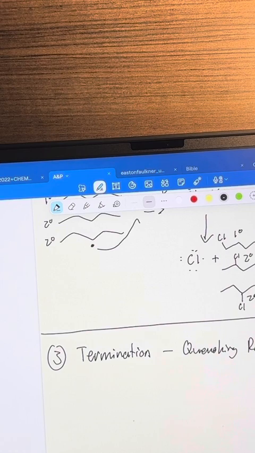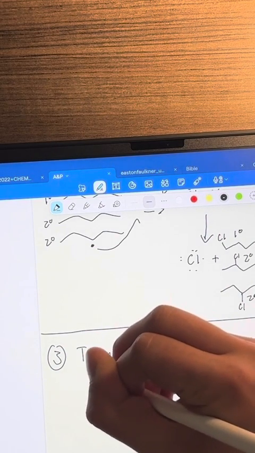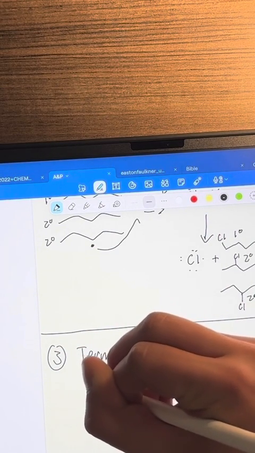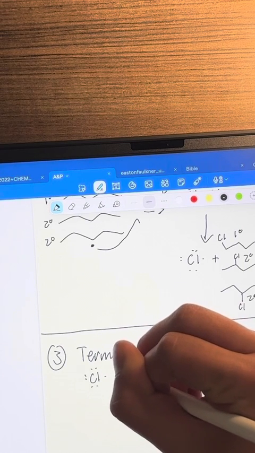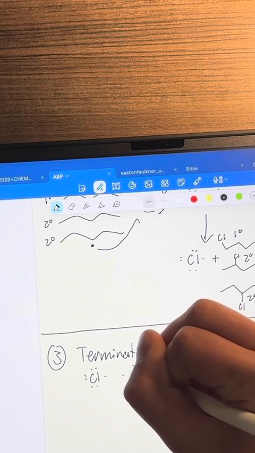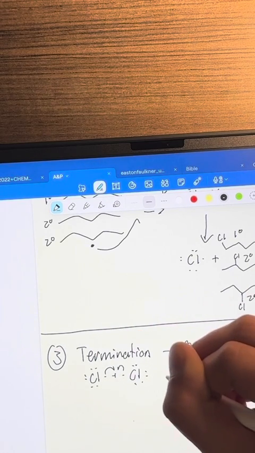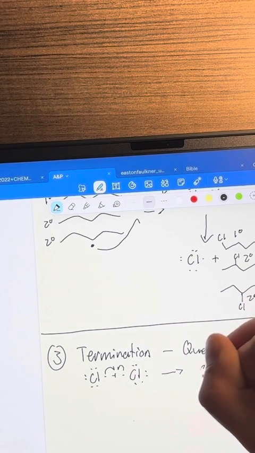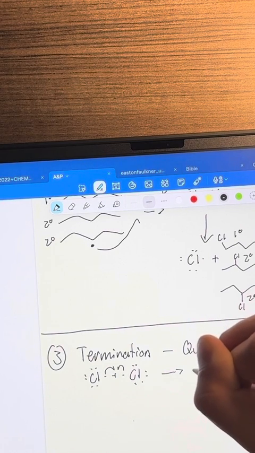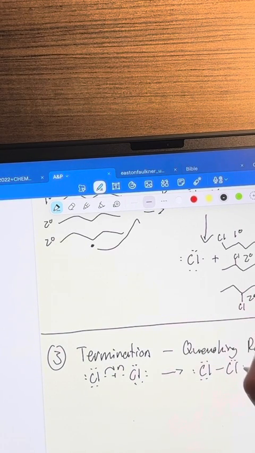This can happen in 3 different ways. The chlorine radicals themselves can come together and they'll just produce the original molecule that we started with.